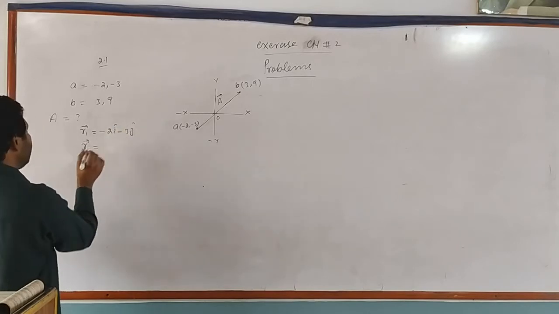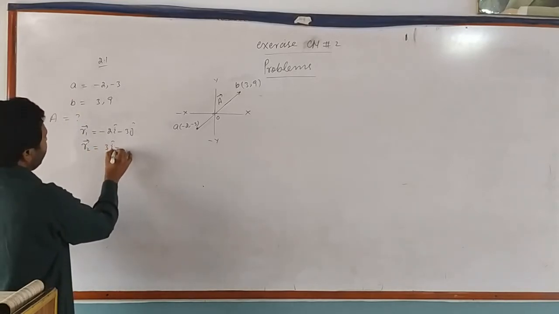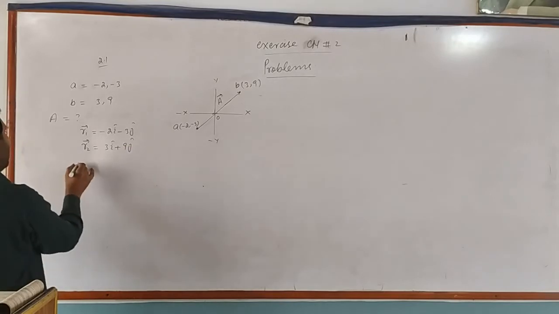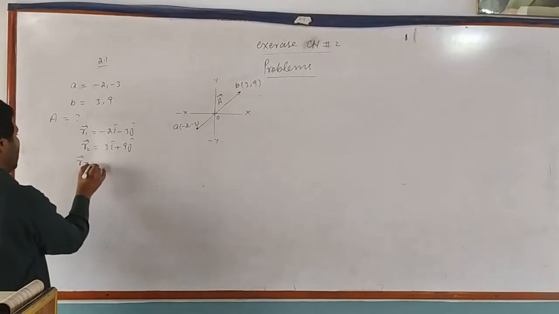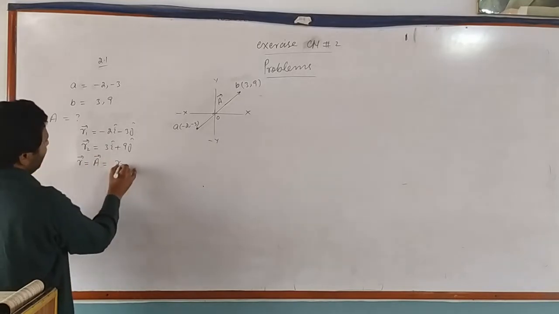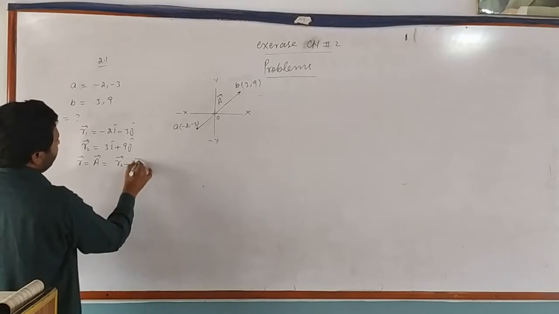Similarly, the position vector of point B will be 3i unit vector plus 9j unit vector. The vector R, which is also named vector A, will be defined as R2 minus position vector R1.